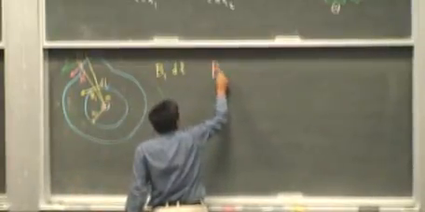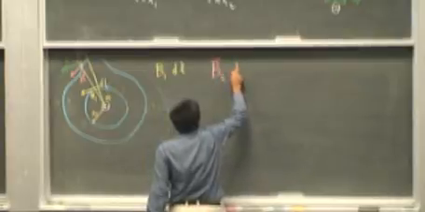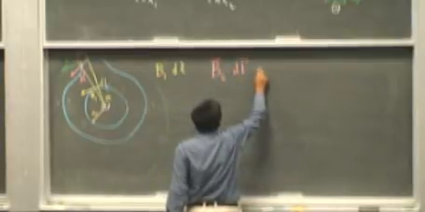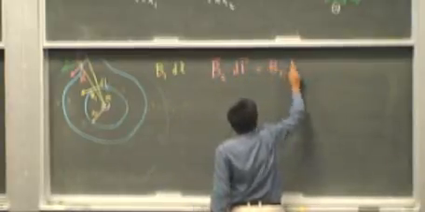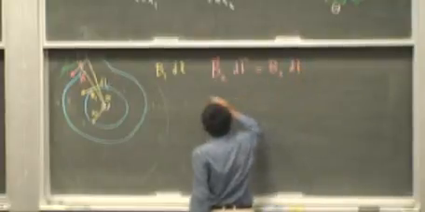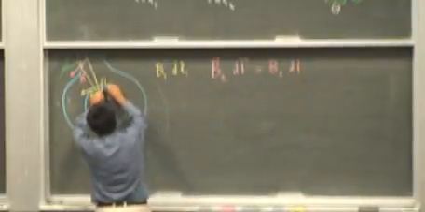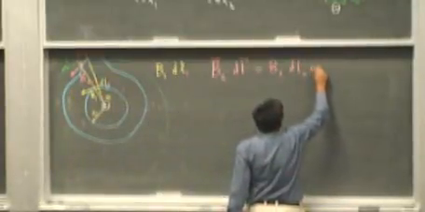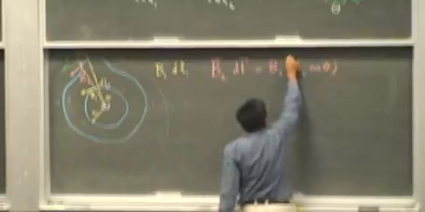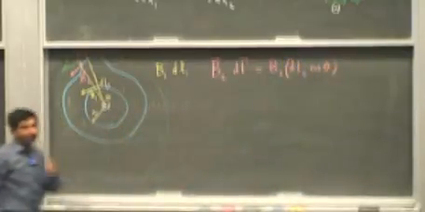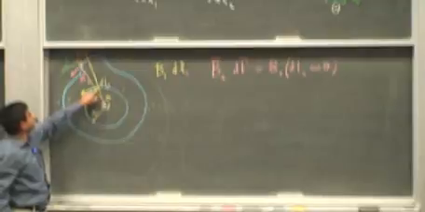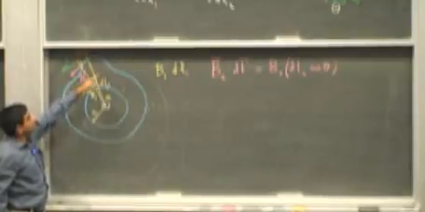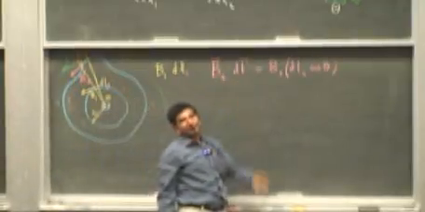Similar triangles once again. So if I take the dot product of B2 with the dl, it is simply B2 dl2 cosine of theta. So this is B1 into dl1, and this is B2 into dl2 cosine of theta.